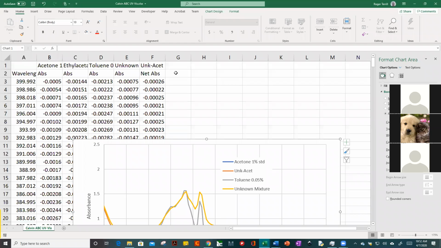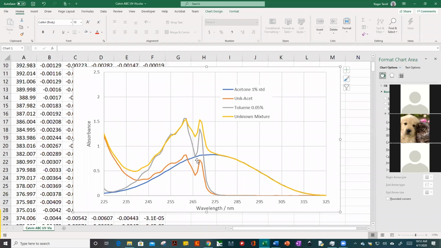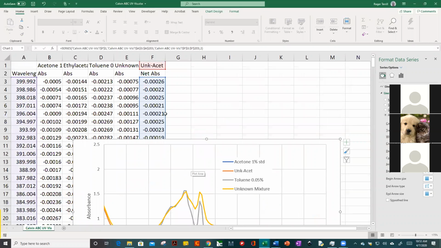Let us just say here, actually, I'm going to go ahead and get rid of this guy because I don't want him anymore. I want ethyl acetate back.